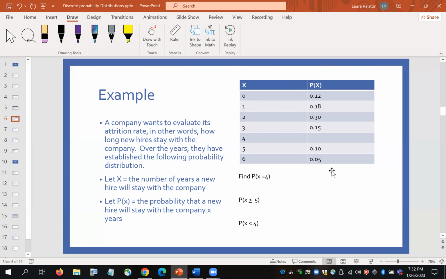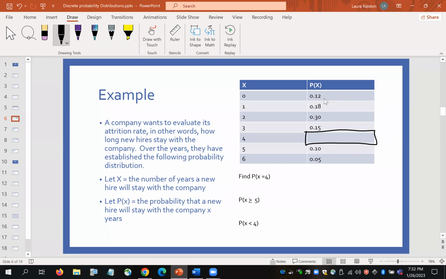Okay, so let's look at this table. Again, if we want to verify that this is a probability distribution, the first thing that I notice is I have some missing information. I don't know what the probability is for 4 years.